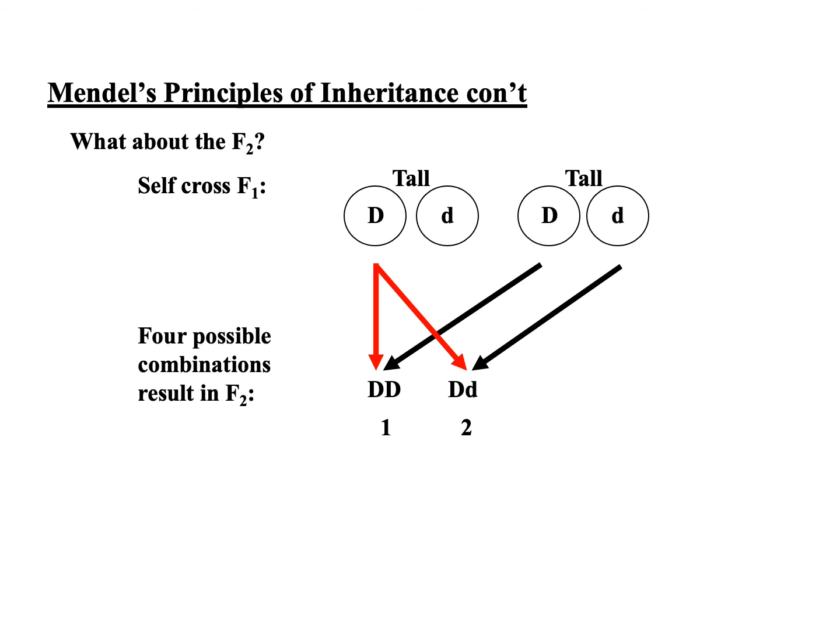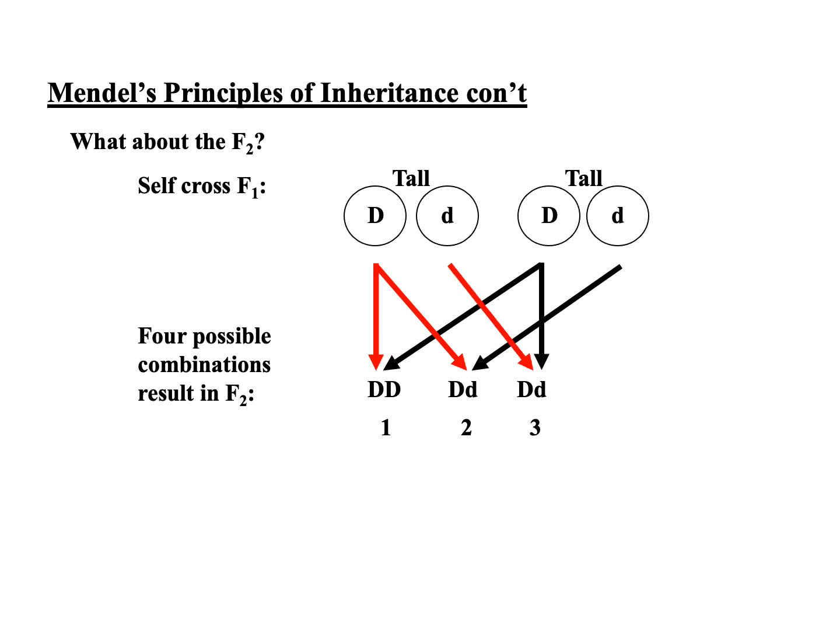But just as likely a scenario is that the first gamete from the first plant that contains the tall instructions could encounter the second gamete from the second plant that contained the dwarf instructions. In this case, the individual offspring that would result would be heterozygous.